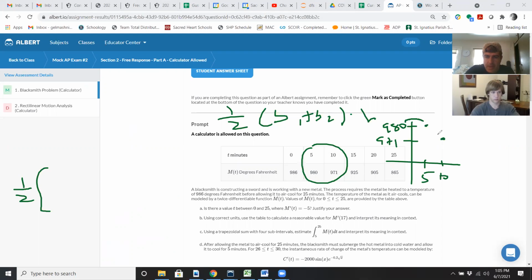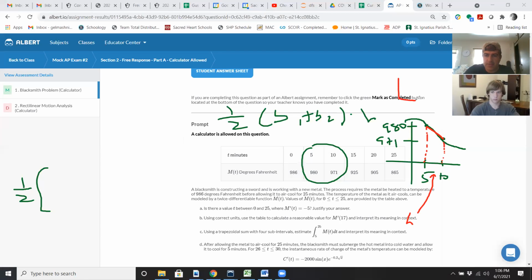So the curve does something kind of like this, right? You kind of have to tilt your head a little bit. That's actually going to be the height of the trapezoid.